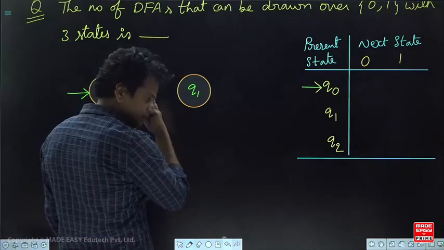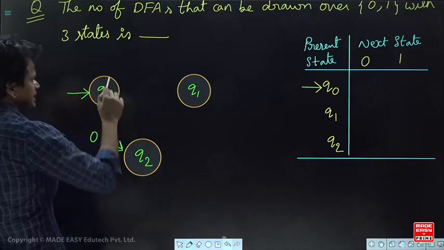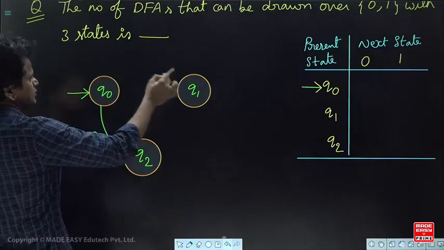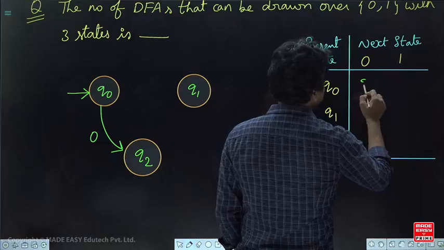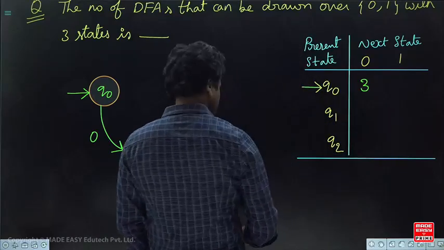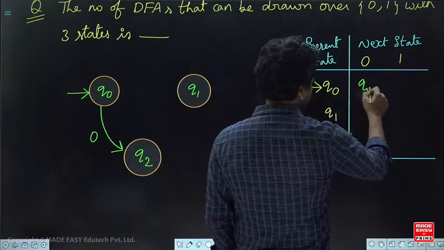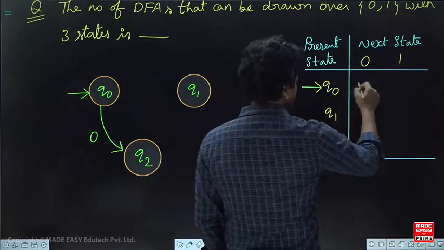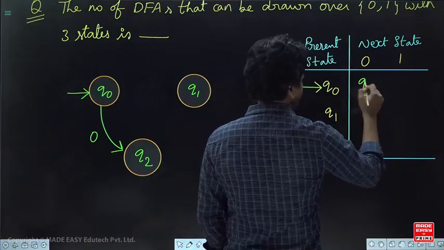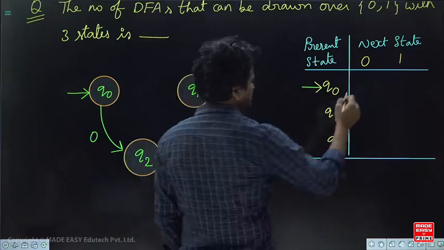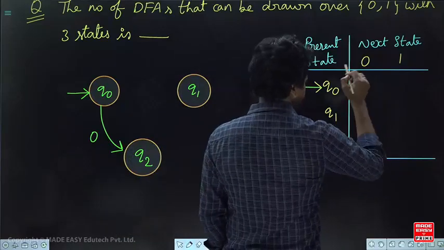Any one only. Q0 on 0, Q0 or Q1 or Q2. So any one. So we have three options. What are they? Q0, if not Q1, if not Q2. So Q0 on 0, three ways.